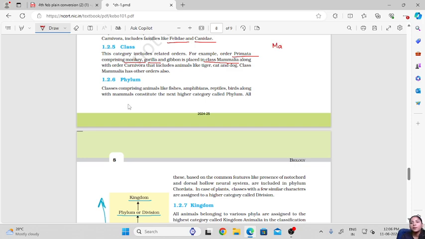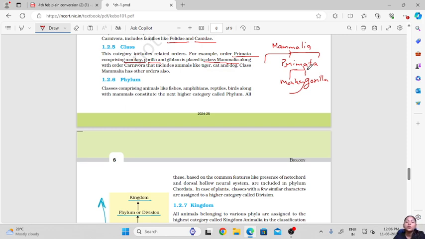Mammalia will include all these, the Primata, which further has all this, monkey and all. Okay, so these are the examples, gorilla.